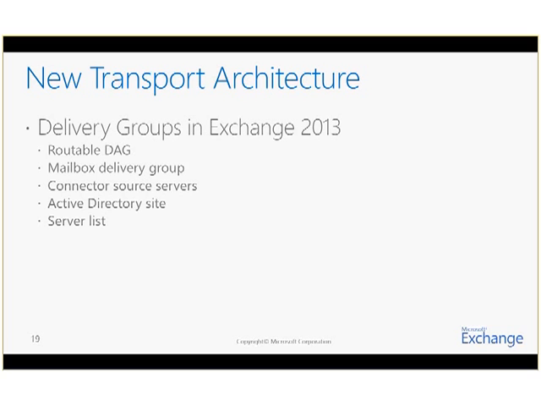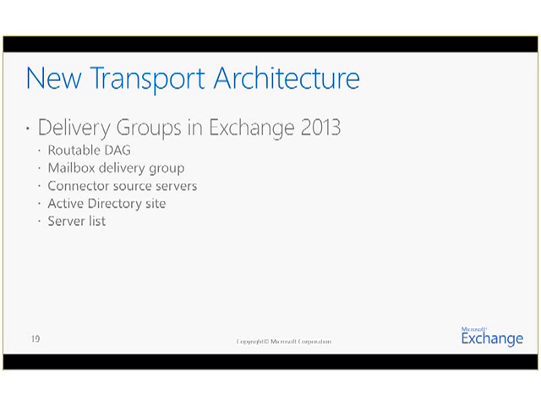Now, basically, how the message is routed will depend on the relationship between the source transport server and the destination delivery group. If the source transport server is in the destination delivery group, then the routing destination itself is the next hop for the message. If the source transport server is outside the destination delivery group, then the message is relayed along the least cost routing path to the destination delivery group.